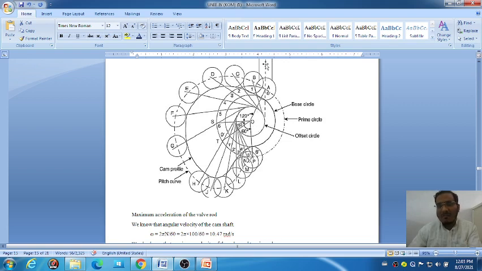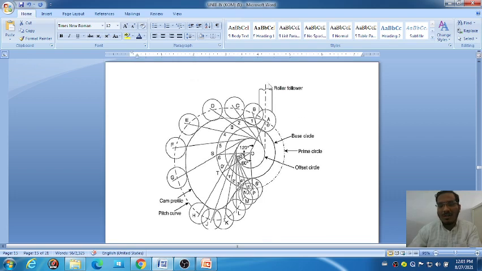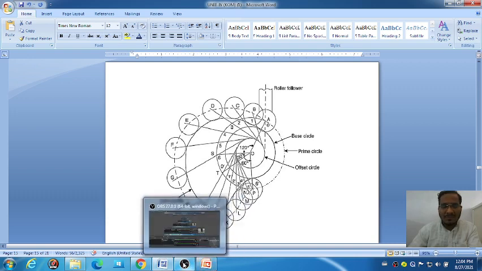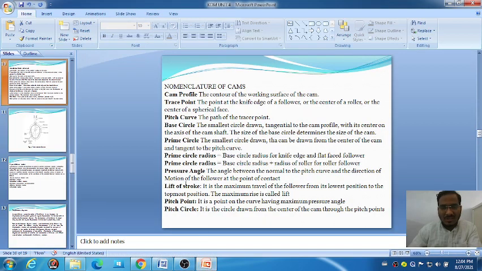If the cam and follower axes are at the same point, the offset distance will not be given and this circle will not be there, as in the knife edge follower or radial follower. Okay, so the next is the prime circle radius.